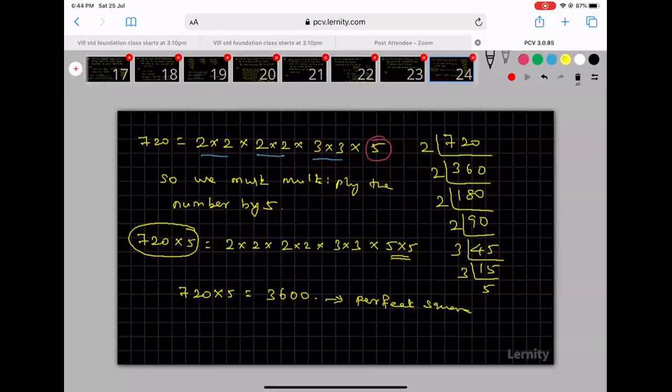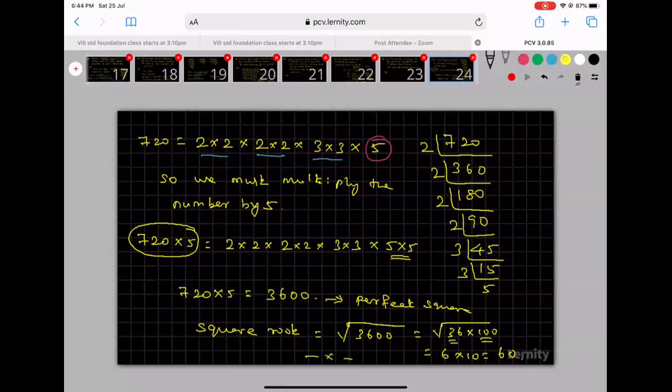Now I'm going to find the square root for this perfect square number, 3600. I can write this as 36 into 100. So I can take 6 into 6 is equal to 36, one 6 I will take. 10 into 10 is equal to 100, one 10 I will take. So 60. 60 is the square root for this.